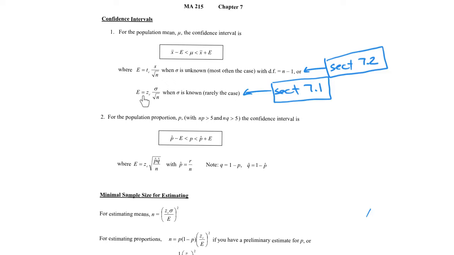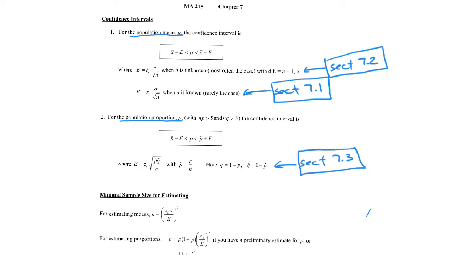We have the standard normal in 7.1 with z-scores, and in 7.2 we use Student's t with t-scores. And then in 7.3, we switch from the population mean, mu, to the population proportion, p. So this is section 7.3.